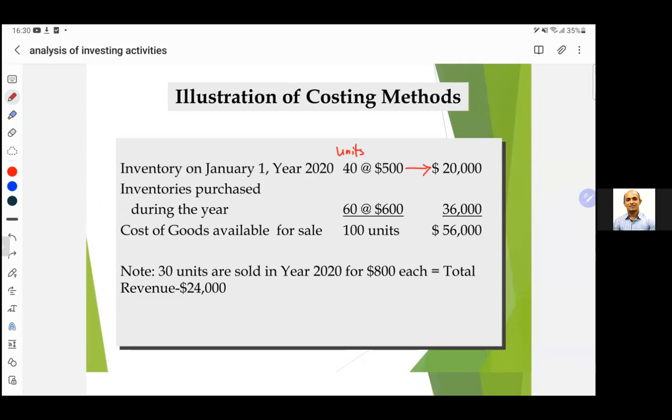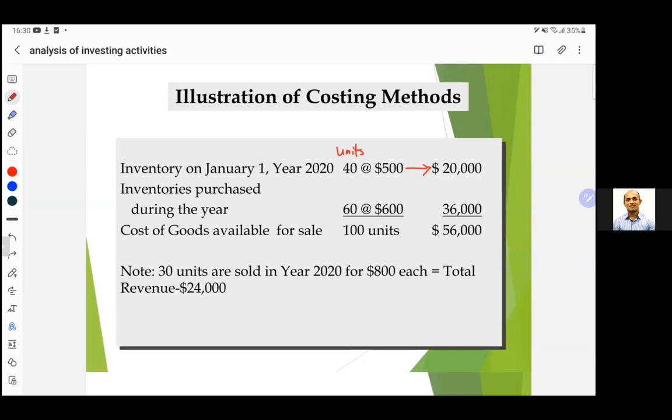Not only our country, but many countries in the world. Now you see such an inflationary situation given in this example.